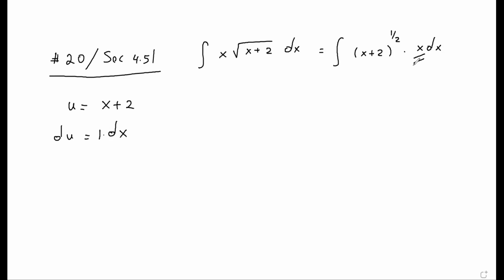When we substitute, we're going to say the antiderivative of u to the 1/2 times, and now instead of x, I'm going to solve for x from the first one here. Normally we solve from the second one part of the substitution, but here it's possible to actually solve for x from the first one. And we're going to say, you know what, x was u minus 2. And dx itself is very easy because that's the same as du. So we're going to change it that way.